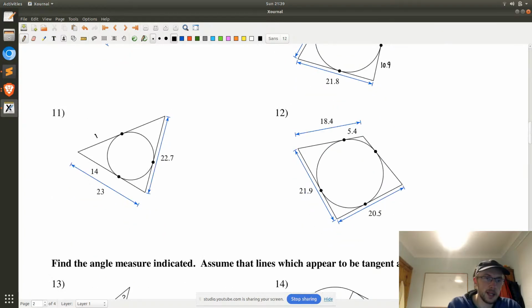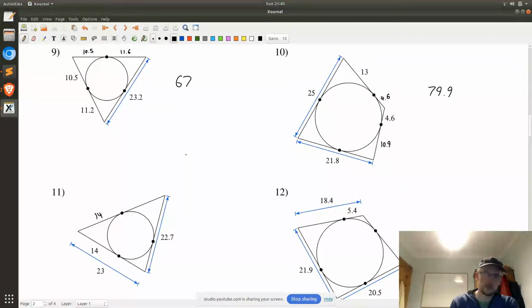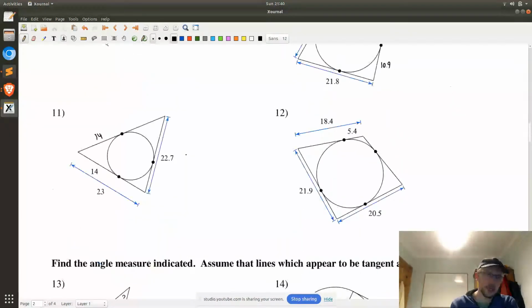Next up, that'll be 14. 22.7 divided, that's not quite right. Don't just divide that by 2, that's wrong. Okay, so 23 minus 14 is 9.